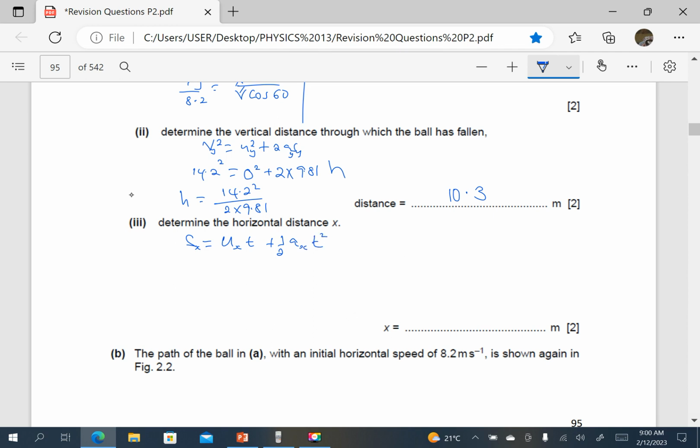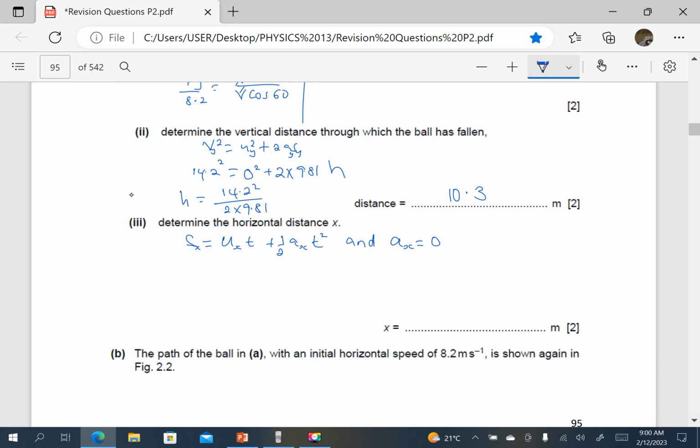Of course, I can't put x on t because time is a scalar quantity and is the same. I want you to always remember that acceleration in the horizontal is always 0 because there is no force in the horizontal. The only force acting here is the force due to gravity, which acts in the vertical direction.